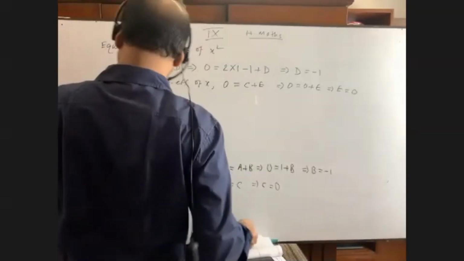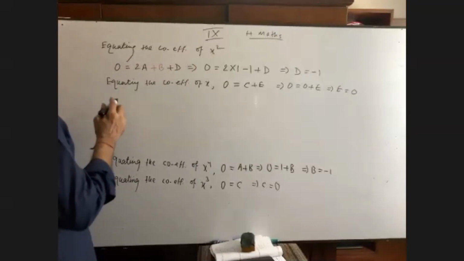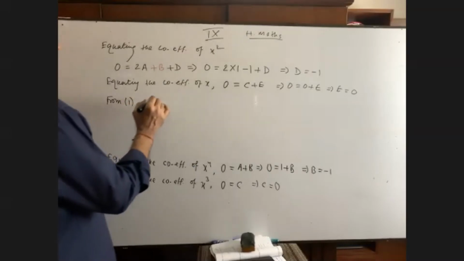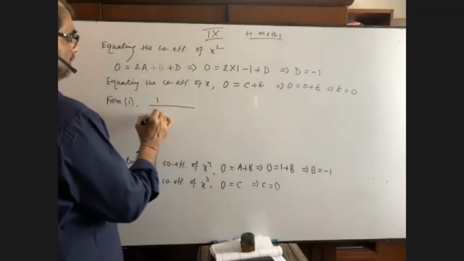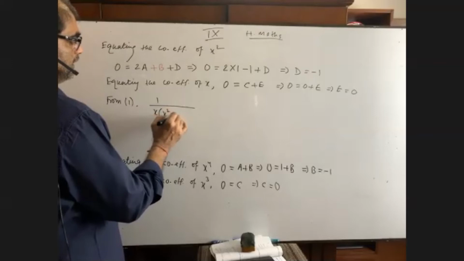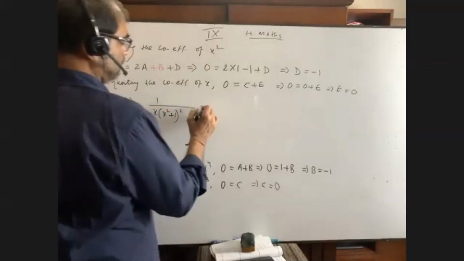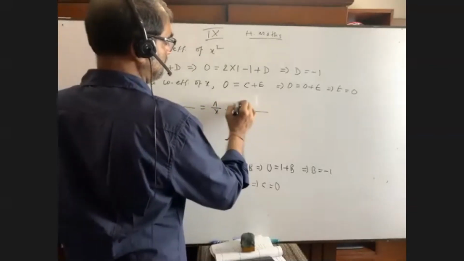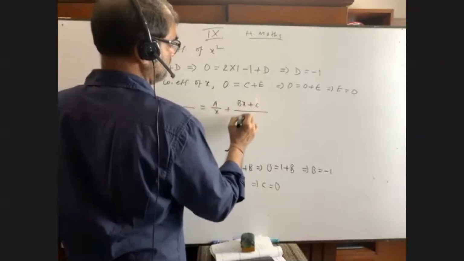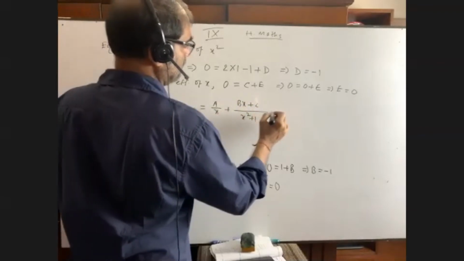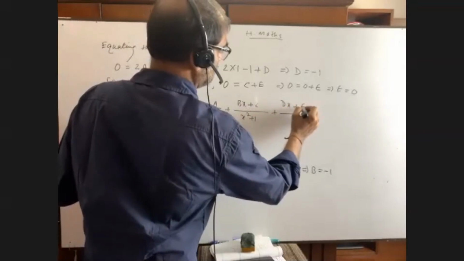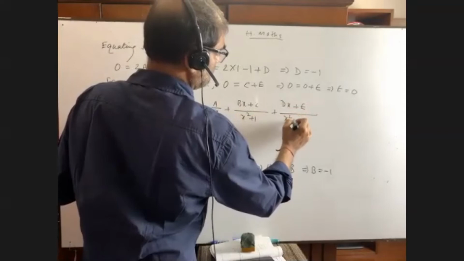Now, can you remember what was number 1? So from 1, 1 by x into x square plus 1 whole square was equal to a by x plus bx plus c by x square plus 1 plus dx plus e by x square plus 1 whole square.